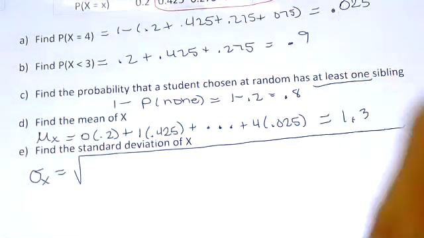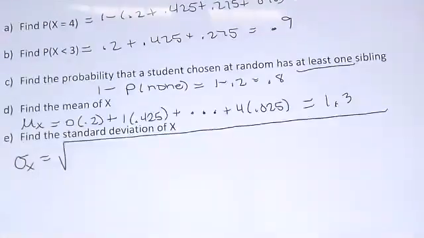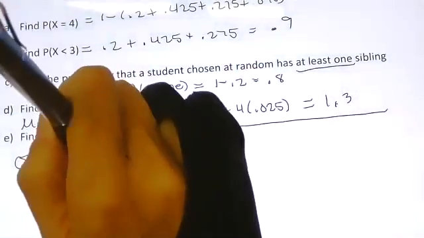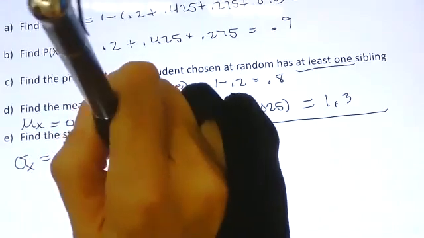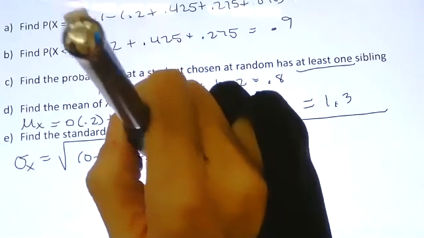It's a big, long square root. We take the first number in the table, 0. We subtract the mean. We square it. We weight it by its probability. And then we do that for the second number in the table.